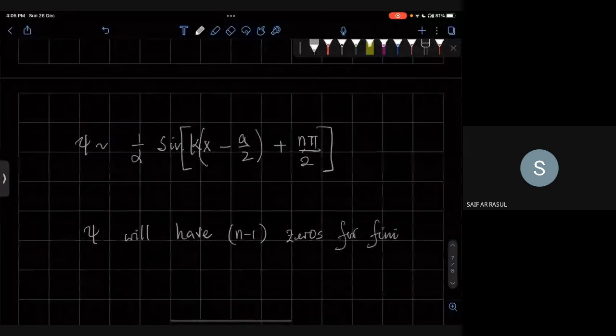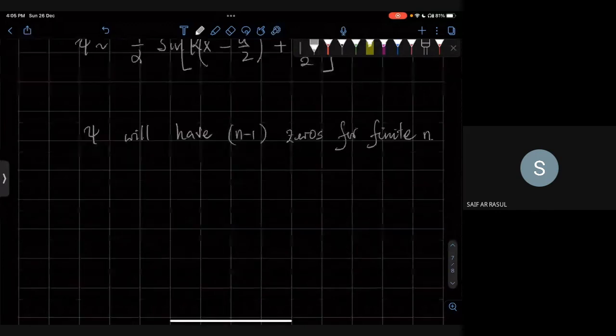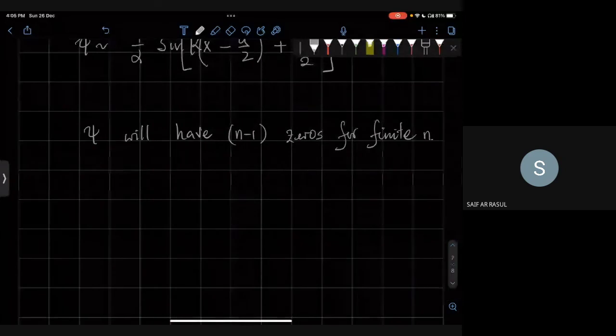In other words, suppose I take n equals, say, 5, and I plot the wave function in the background of where 0 is, where a is, so this is where the potential is.